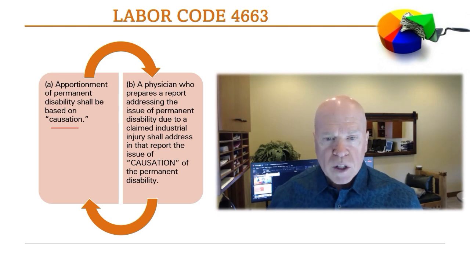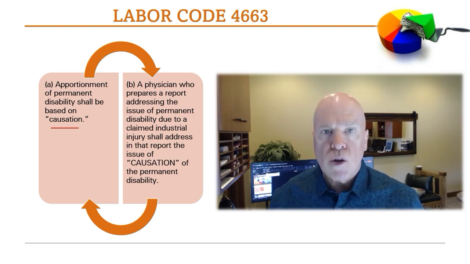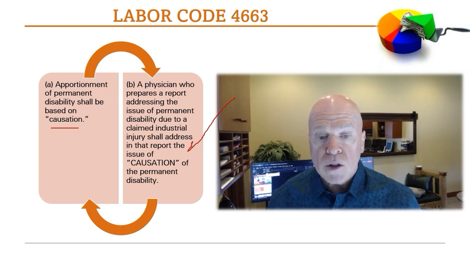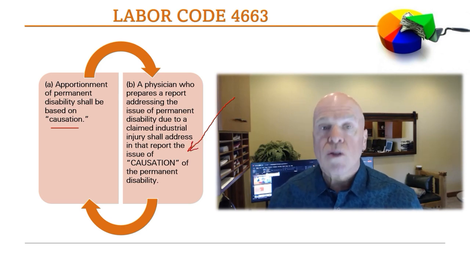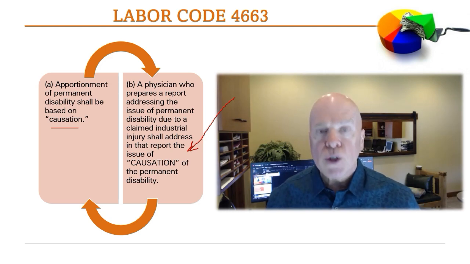So Labor Code 4663 tells us that a physician who prepares a report addressing the issue of permanent disability, and we can use the word permanent impairment here, due to an industrial injury, shall address in that report the issue of the causation of the permanent disability. In other words, we're required to tell the parties what are the causes that are contributing to the final disability, and the employer is only going to be responsible for that percentage that's directly due to the industrial injury.